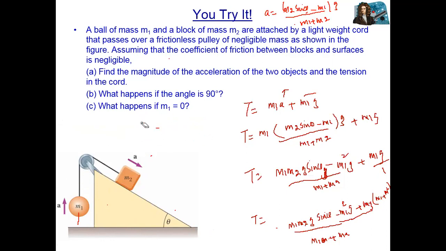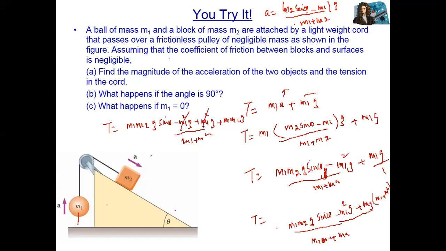We have tension is equal to M1 M2G into sine of theta minus M1 square G plus we have, if you multiply, this is M1 G multiply with M1, so equal to M1 square into G. Then if you multiply M1 G with M2, we have M1 M2 and G divided by what? Divided by M1 plus M2.